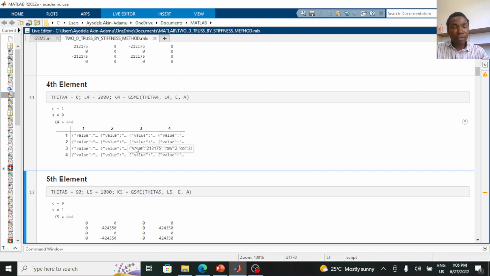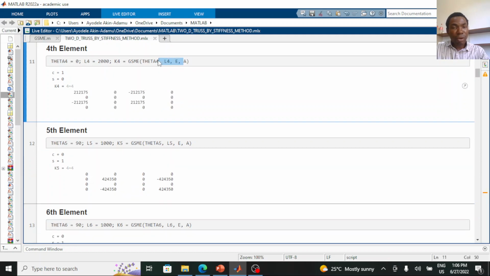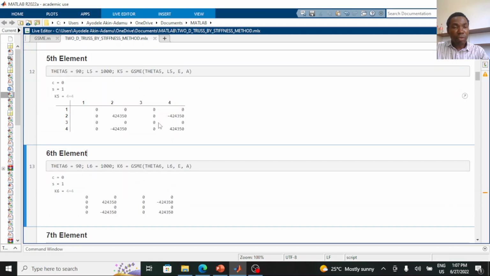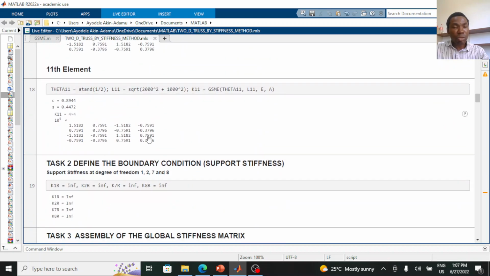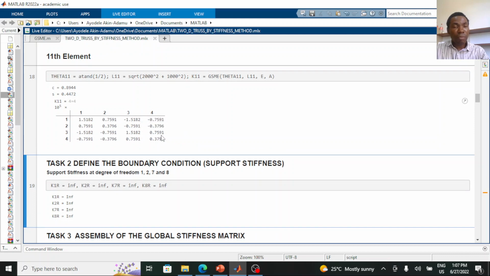You should refer to the first part of my video for explanation on these input parameters if you don't understand this. K5 is also calculated. So the local stiffness matrix is calculated for all the elements till the 11th element.